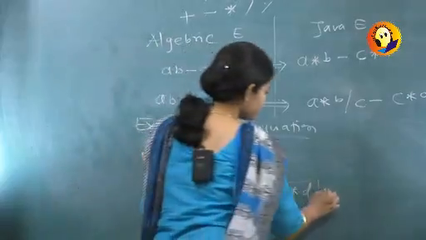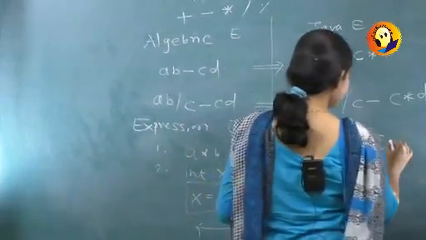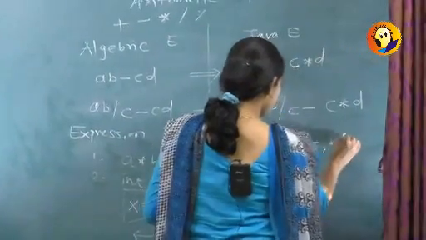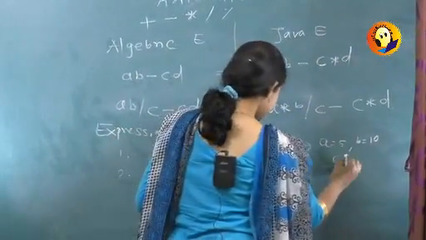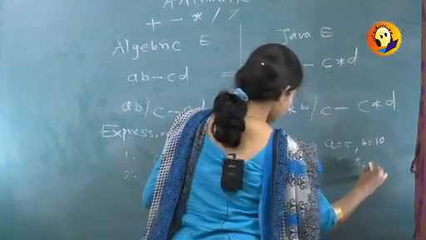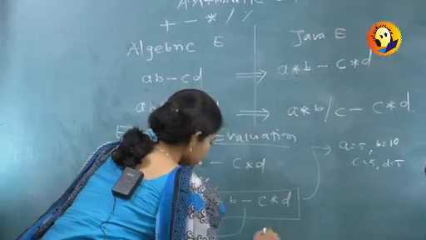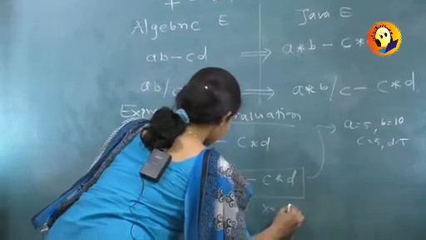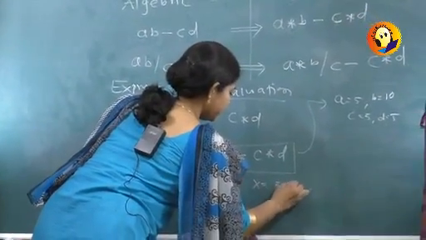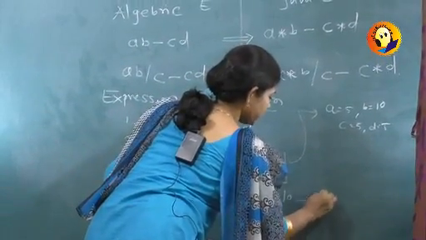Let's say the value of a is 5, the value of b is 10, the value of c is 5 and the value of d is 5. So the value of x is 5 multiplied by 10 minus 5 multiplied by 5.